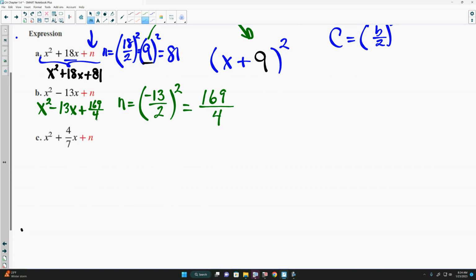That's what our quadratic would be. Now, if we want to factor it to a set of parentheses squared, we'll always have x. And the number inside is what? Negative 13 over 2, yes? So that means our sign is going to be minus 13 over 2. And that's it.